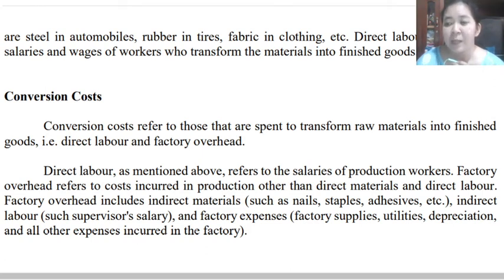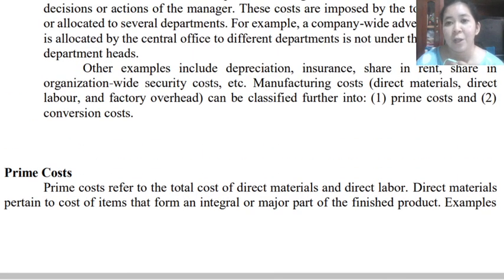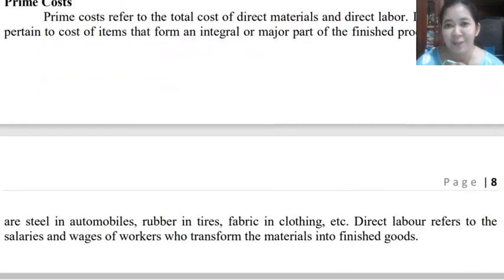Our raw materials, in order to be transformed into finished goods, need direct labor to be applied and factory overhead expenses to be incurred. Those are the costs, or how we classify our manufacturing costs.